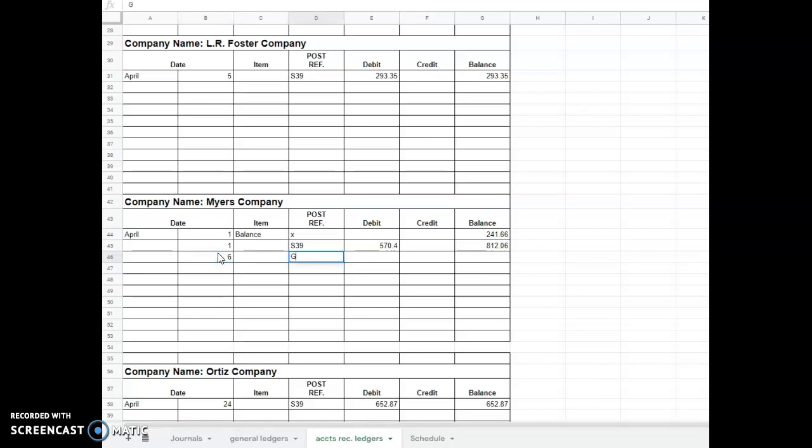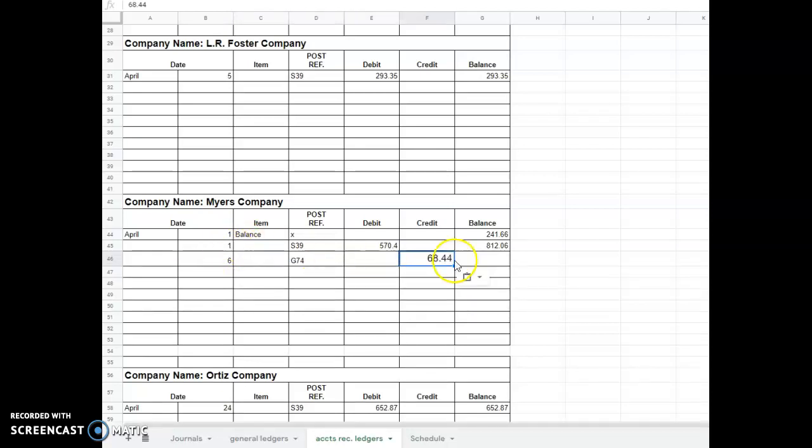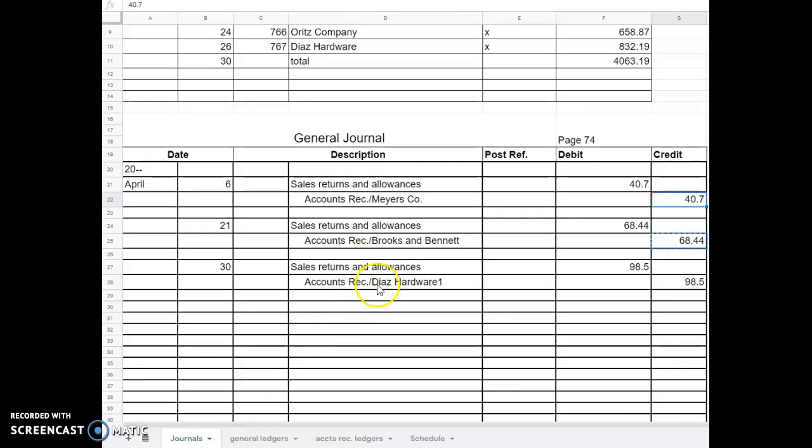Okay, General Journal, page 74. We credit the $68.44. So again, we need to subtract because we credited them back for merchandise returned. All right, so we can go ahead now and finish up on the 30th.